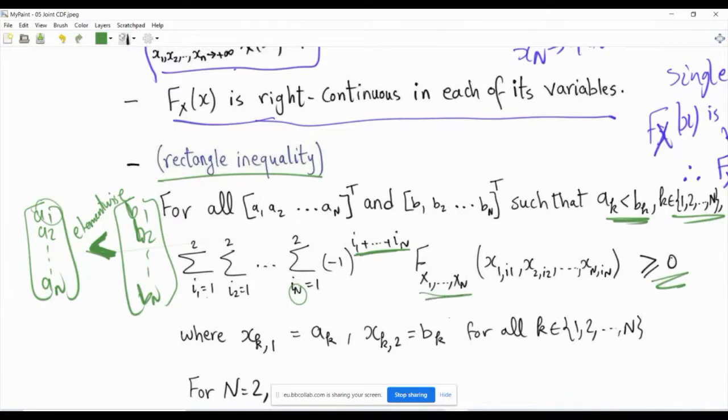Then we have the CDF evaluated at x1 i1, x2 i2, till xn in, where for x_k, if the index is equal to 1, then I am talking about a_k, and if the index is equal to 2, I am talking about b_k.